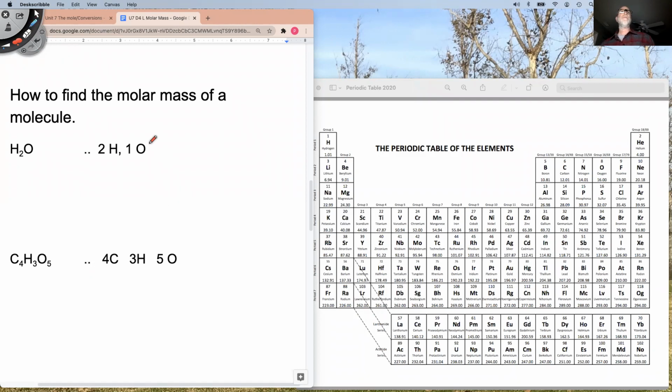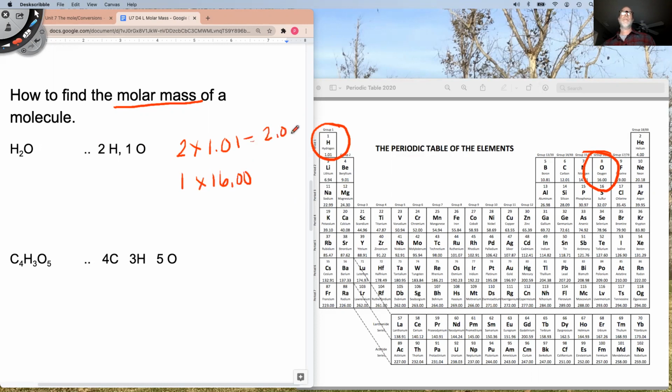So, ladies and gentlemen, we want to find the molar mass of water. Now, before we figured out how to find how many of each atom are in a molecule, this one has 2 hydrogens and 1 oxygen. So we're going to have to use hydrogen and oxygen. We have 2 hydrogens, so 2 times 1.01, and then 1 oxygen, 1 times 16.00.